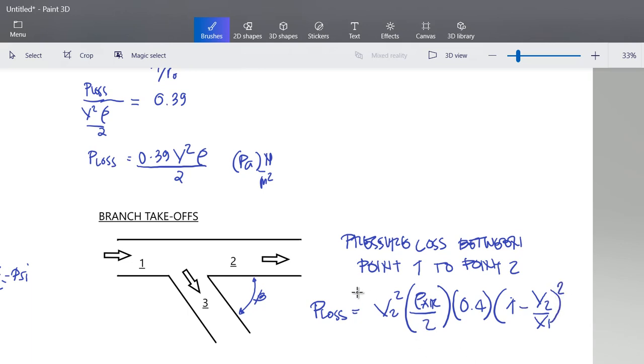So that is from here going here. So if your ducting is passing here, going here, you now have the pressure loss added to the system.